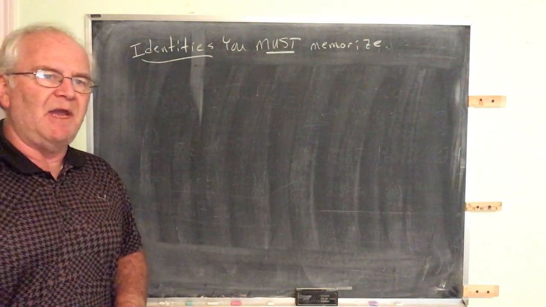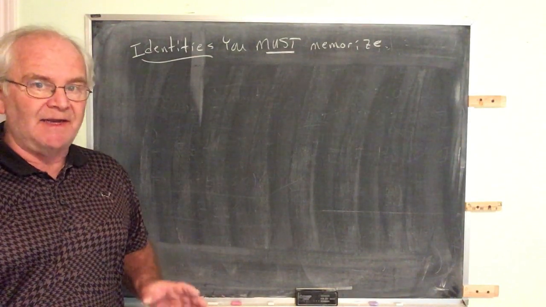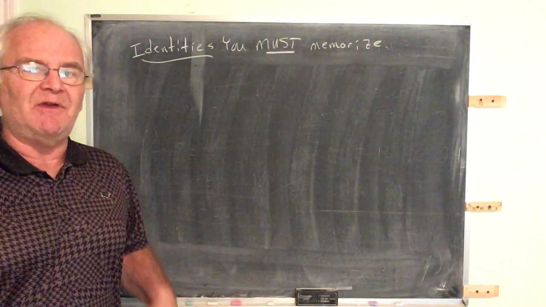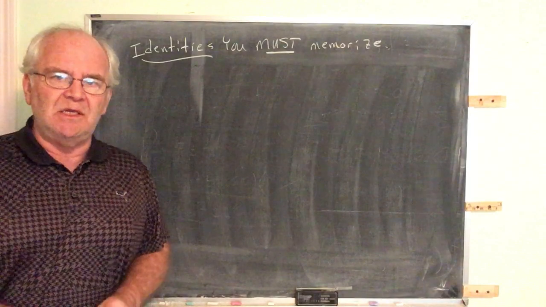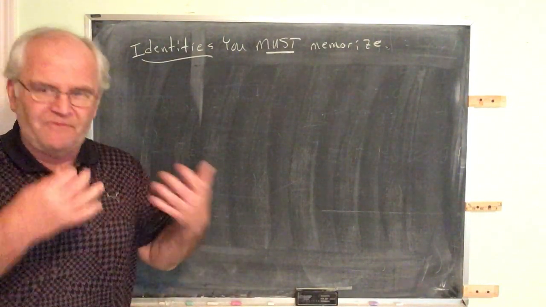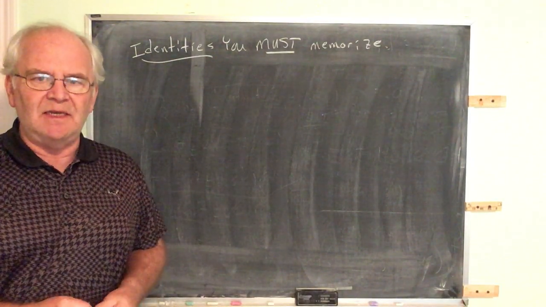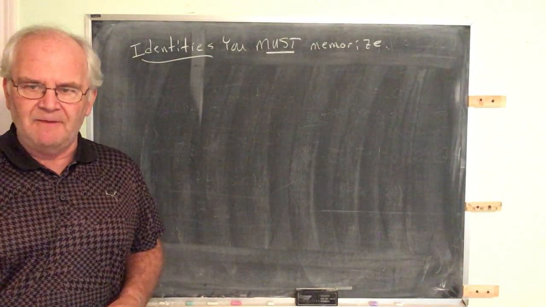And if you need to do that, then at that time you'll look up the identity and recall it. Having memorized it once, it'll be easier to memorize the second time, and you'll use it in your calculus work or your physics work or whatever course you encounter where these identities get used over and over again.